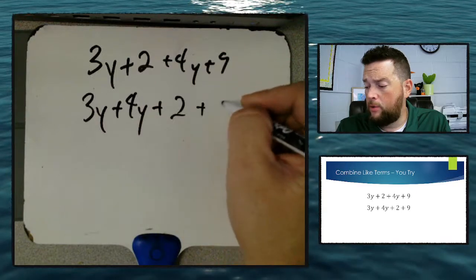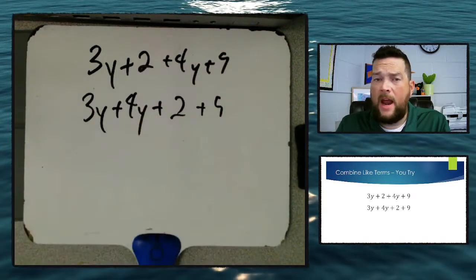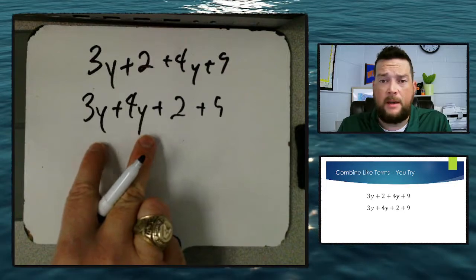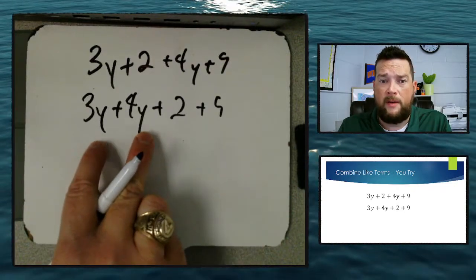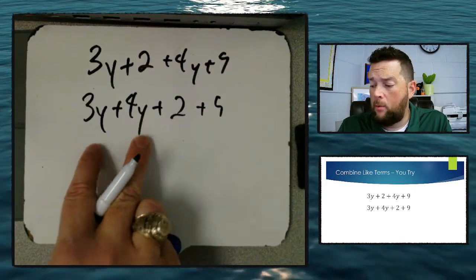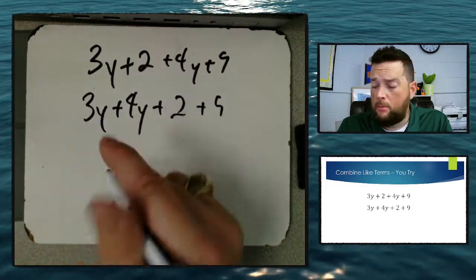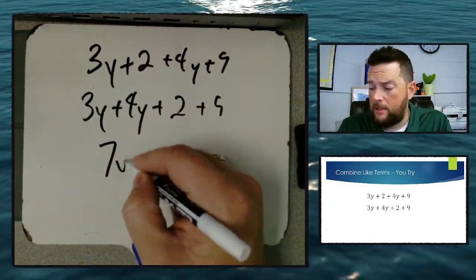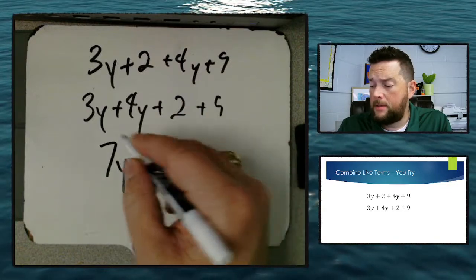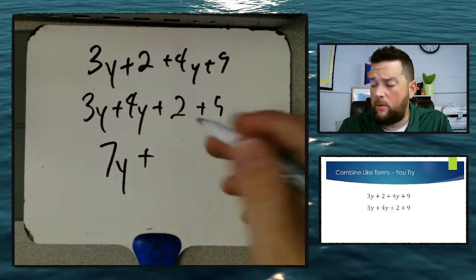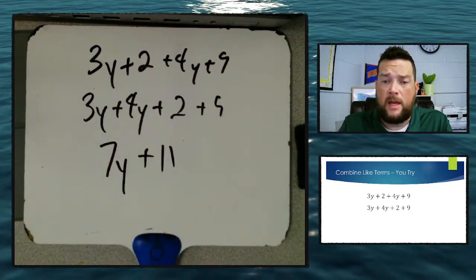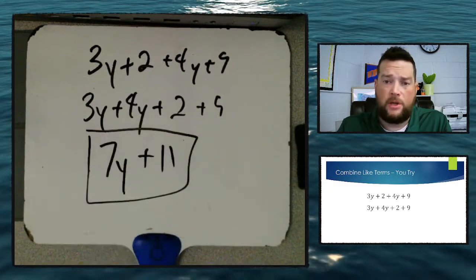Then I've got the 2 and the 9 next to each other, and then I can combine like terms. If they have the same terms, like these two right here both have a variable of y, you can add the coefficients and keep the term, all right? So 3y plus 4y equals 7y, and 2 plus 9 equals 11. And that is as simple as you can make it.